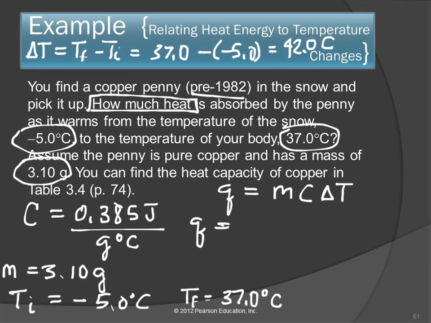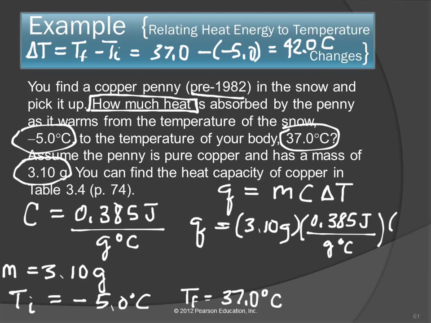Q equals the mass, 3.10 grams. Always write the units. Times the specific heat capacity, 0.385 joules over grams degrees Celsius, times the change in temperature, 42 degrees Celsius. Before you do the math, check the units. Grams cancel grams, Celsius cancels Celsius.